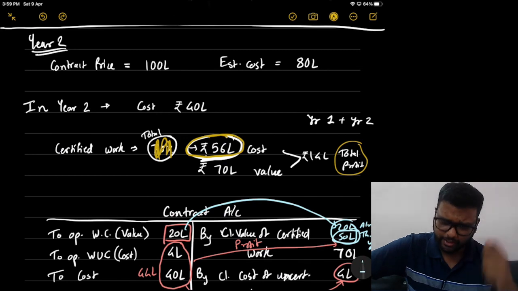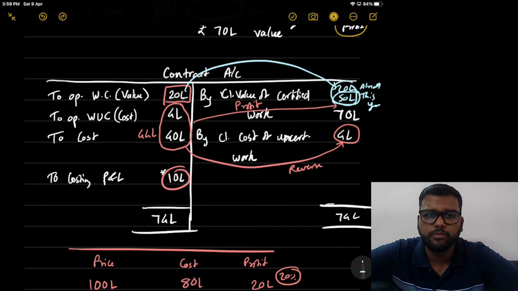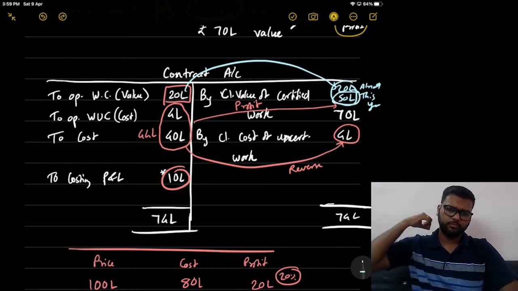Done noting the question? Okay. Note down the contract account also. Yes, sir, done.